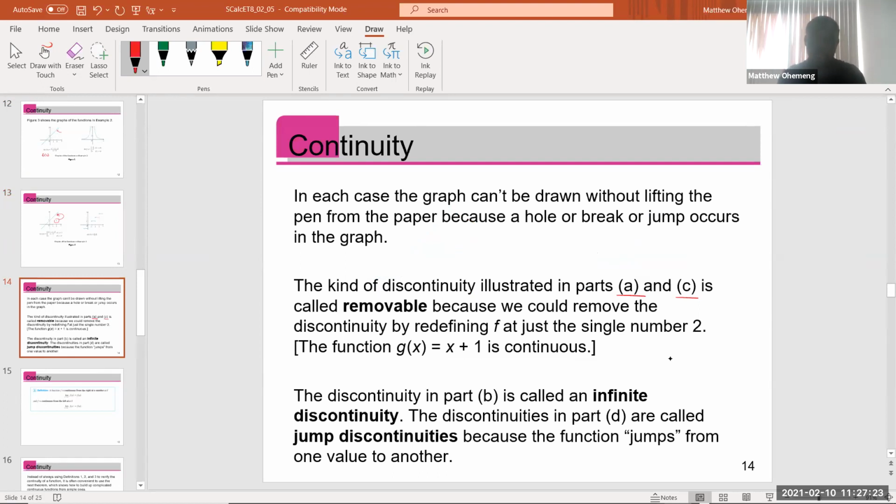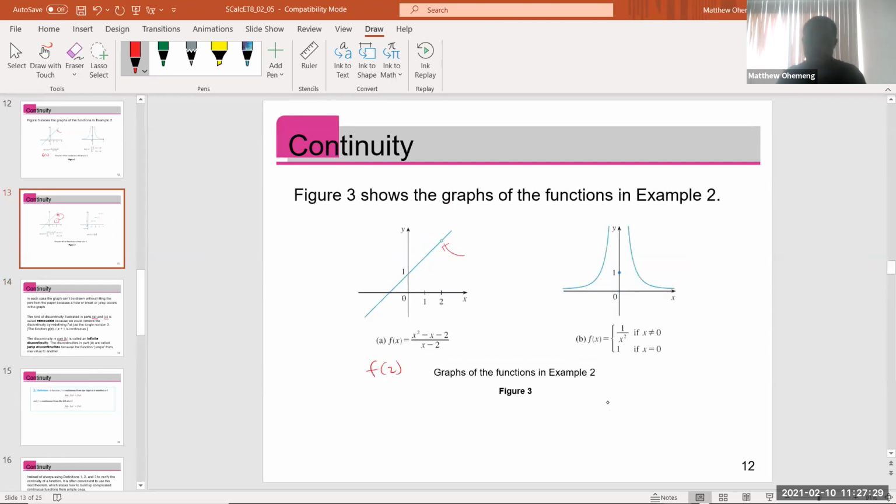Okay. Now, what about the other one? Part B is what we call an infinite discontinuity. This one is an example of an infinite discontinuity. Why? Here we are getting a limit which does not exist because it's related to an infinite limit. Recall that we learned that if the limit is infinity, then it does not exist.